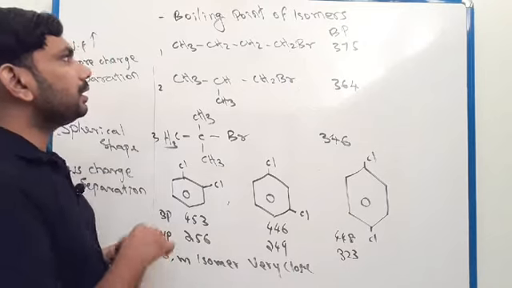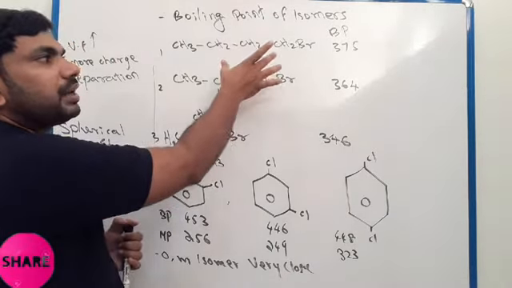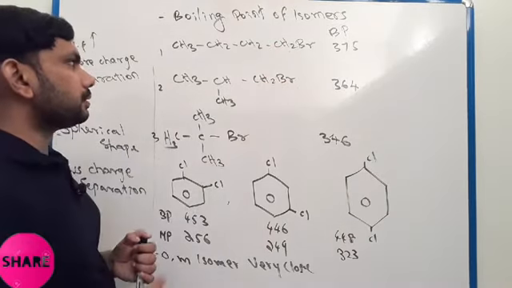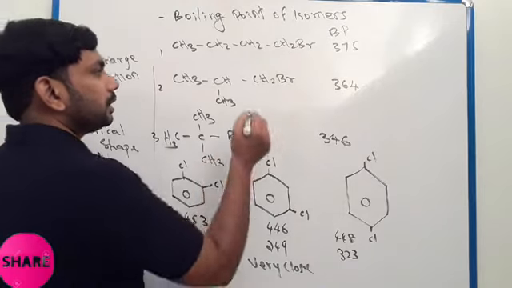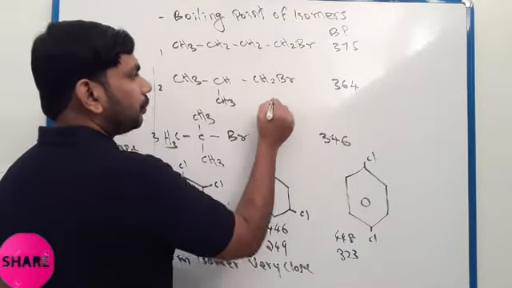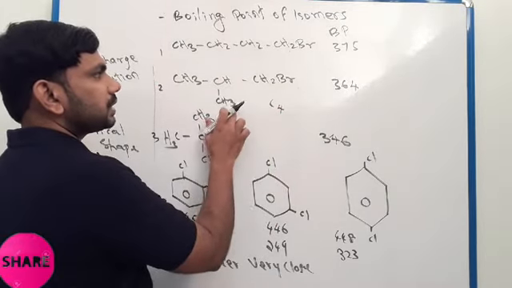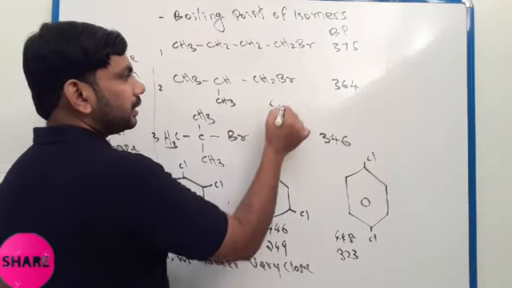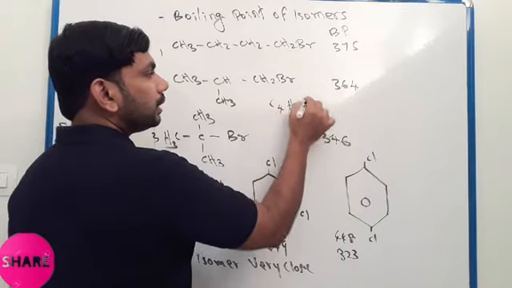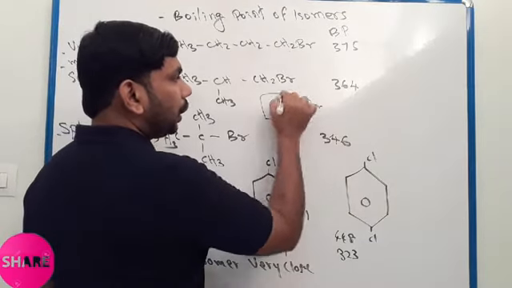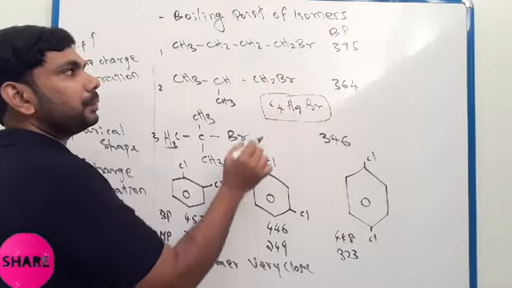You can see 4 carbons, and the number of hydrogens is 9, not 11, and 1 bromine atom. So all these structures contain 4 carbon, 9 hydrogen and 1 bromine atom.